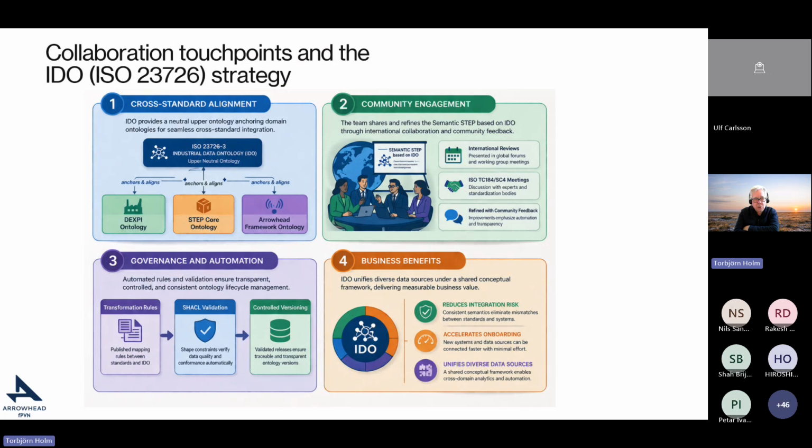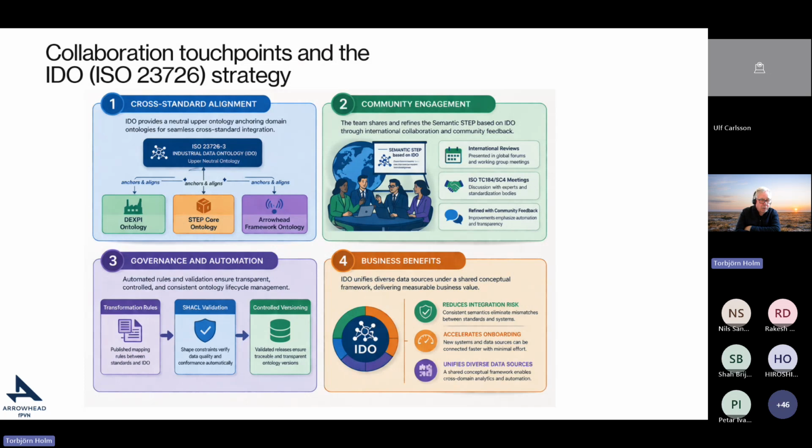So this EU project is a liaison to the STEP committee, the ISO TC 184 SC4 meeting, but we also had many personal relations with experts who invested their working life into this kind of modeling, and it's been really useful to know them, and they have helped us a lot.